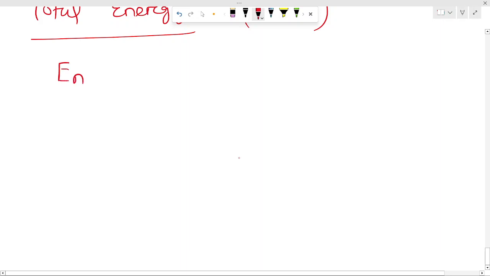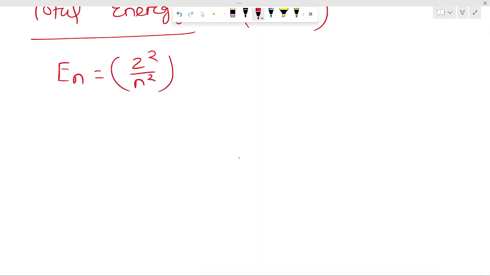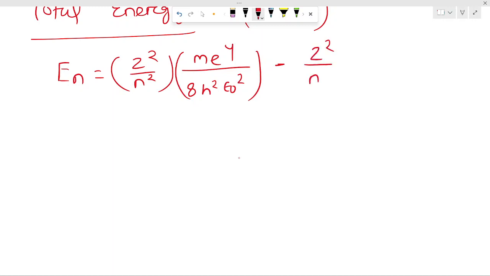En will be equal to Z square by n square me4 upon 8 h square epsilon naught square minus Z square by n square me4 upon 4 h square epsilon naught square.